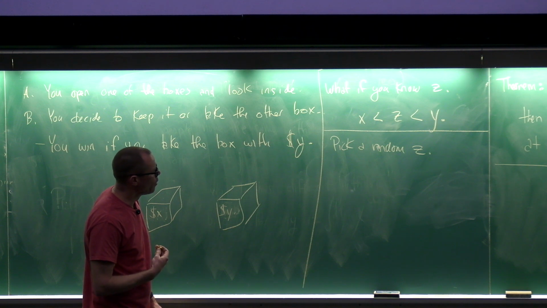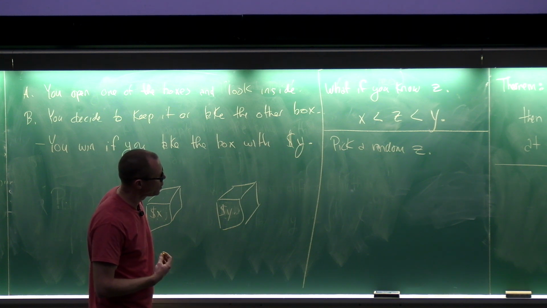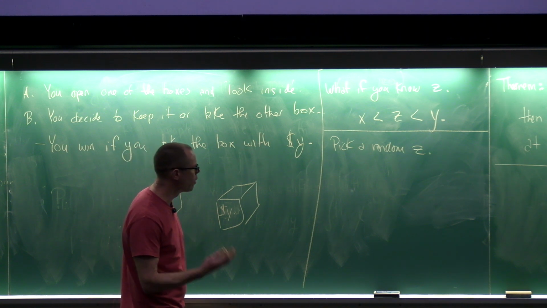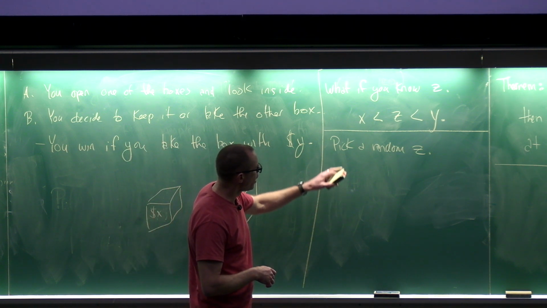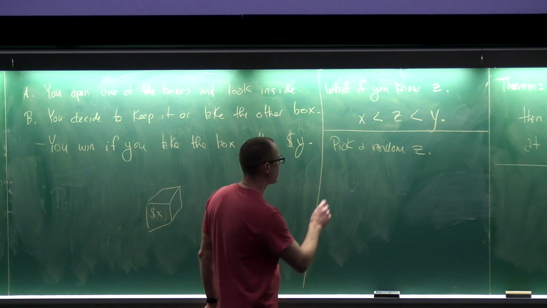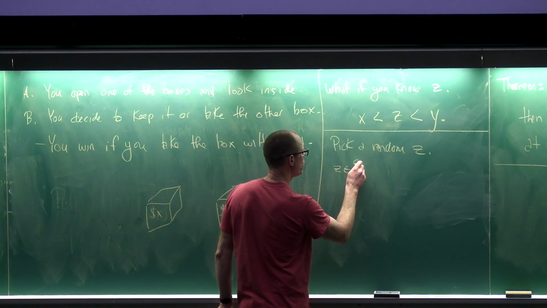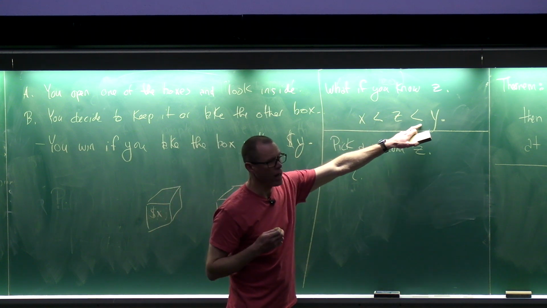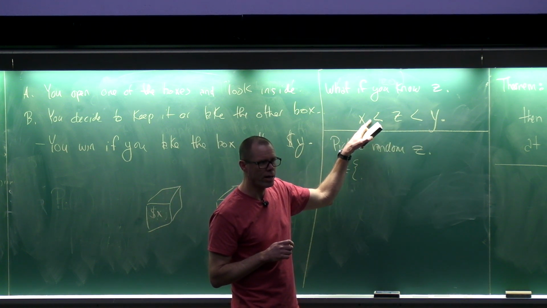Now you're going to come up with a strategy which uses randomization. We saw one of them is just tossing a coin and choosing based on the result of the coin toss. But here's a different strategy. You're going to pick a random Z and you're going to choose it so that you have some chance of getting this kind of Z, the winning Z.